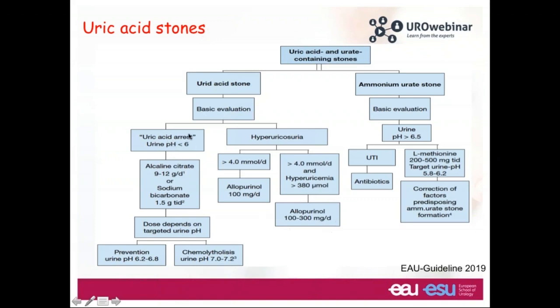If there is a uric acid stone with a urinary pH of less than 6, then you alkalinize the urine with alkaline citrate, 9 to 12 grams per day. And the dose actually really depends on whether we need to prevent a new stone formation or to dissolve one of the stones that already exists. So for prevention, the urine pH goal should be between 6.2 and 6.8, and a little bit higher when we need to dissolve the stone.